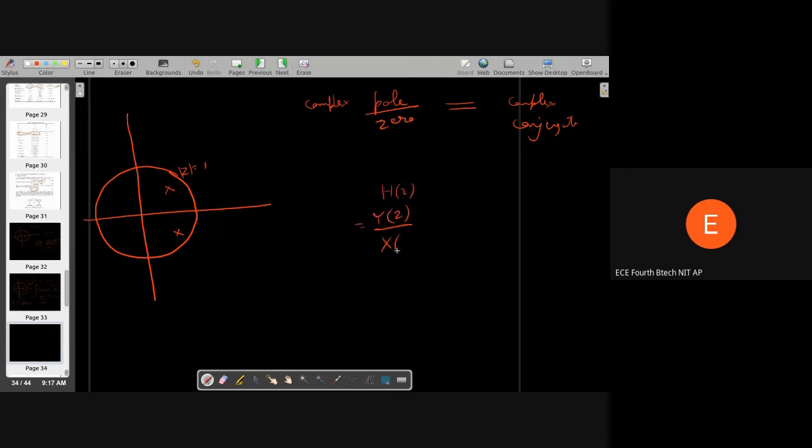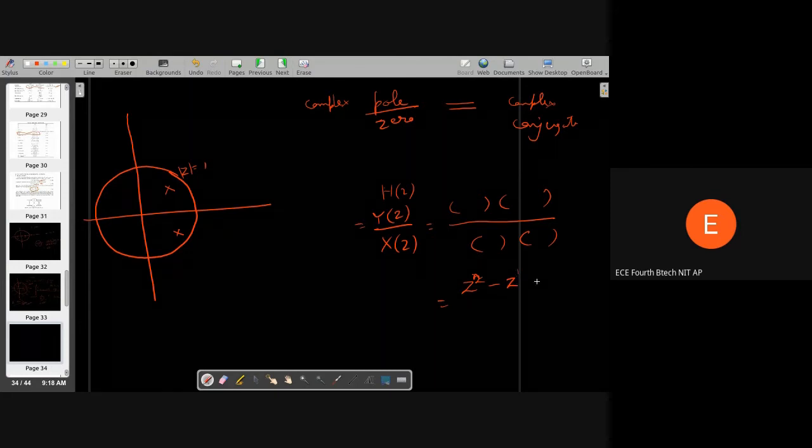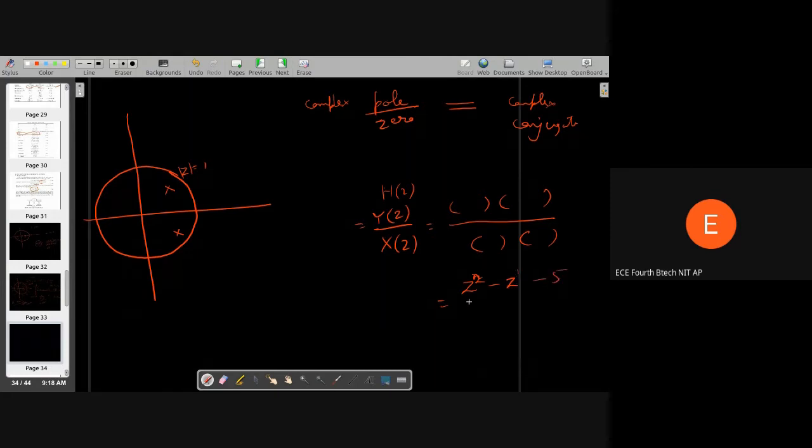Y(z) by X(z), let's say, we wrote in terms of factors. But those factors, if you expand them, it is z to the power something, let's say z square minus a1 z minus a0, some polynomial will come.